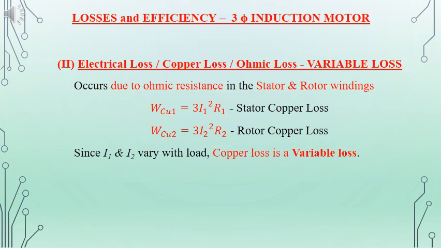Since I1 and I2 vary depending on the load on the machine, we will have to consider the copper loss to be a variable loss.